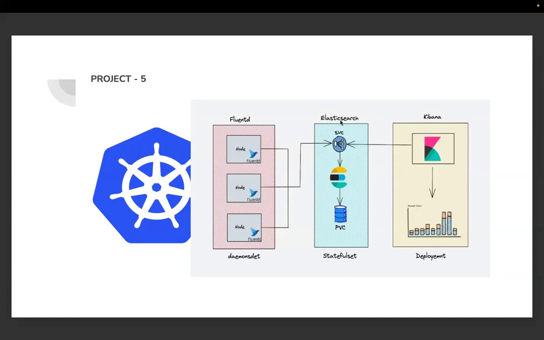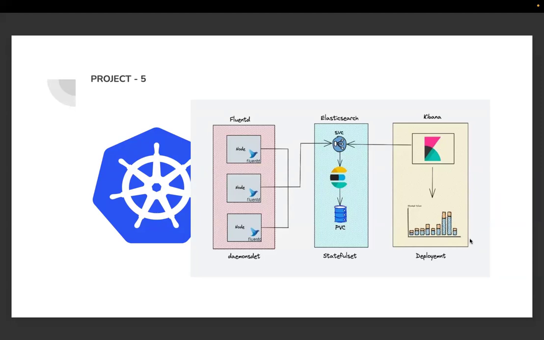Elasticsearch is a place where we are going to store our logs, and from Elasticsearch, Kibana is going to request the logs, and we can view them in the Kibana dashboard. So this is how logging is going to work in Kubernetes. This is the Kubernetes logging framework, the EFK stack.